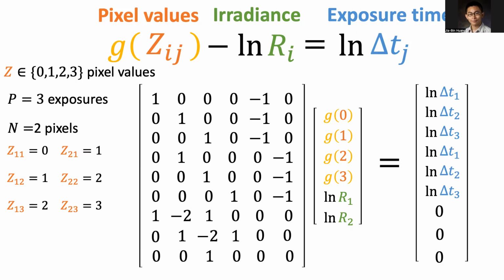Questions so far? I'm not asking you to really understand this thing, but the concept I want you to get exposed to is that in computer vision, you have some unknowns and you set up a known set of linear system equations, and you can solve it with linear algebra.